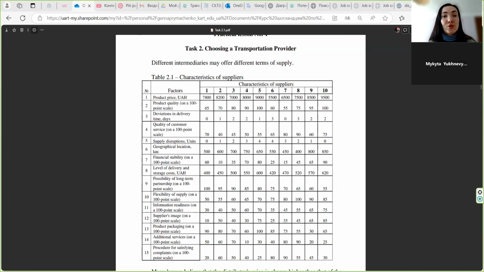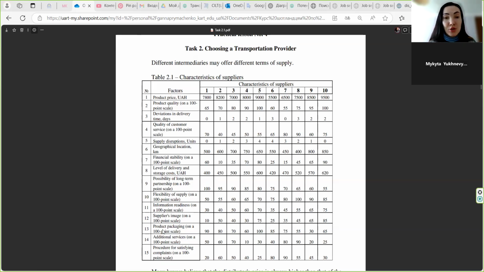Next, factor number 5 is supply disruptions in units. So we find that 0 is the best position here. When we find 0 for the first supplier and for the 10th supplier, it is the best because it never happened in these companies. Next, position 9 is possibility of long-term partnerships. Near 100 is the best result.